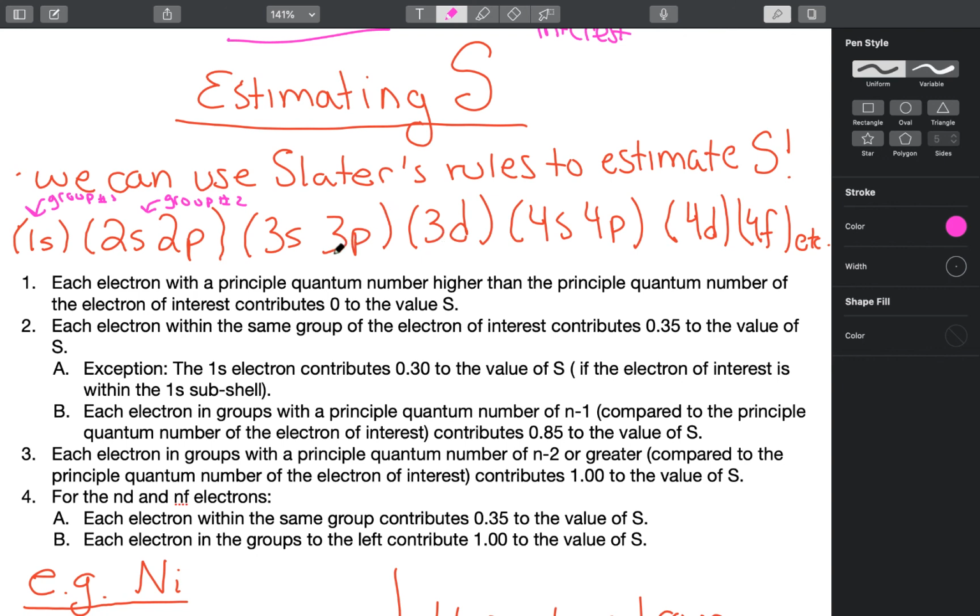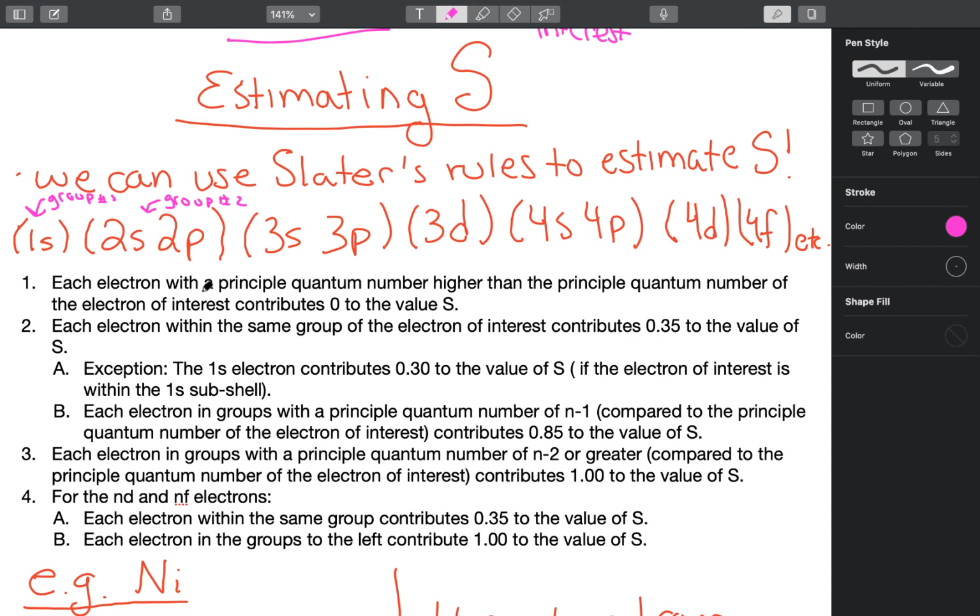And you have to organize the particular subshells in this particular order. So you organize them by increasing n and l value. So you go from 1s being the lowest, then 2s 2p, 3s 3p, 3d 4s 4p, 4d 4f, etc. So they have to be organized in this particular way.